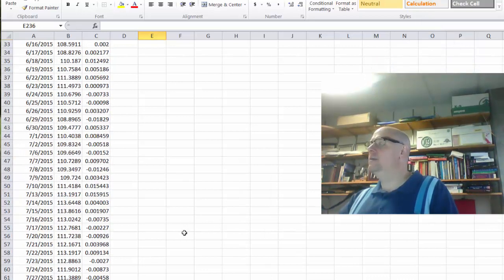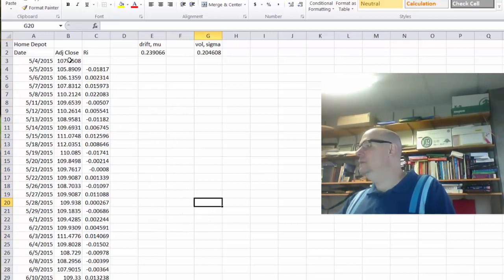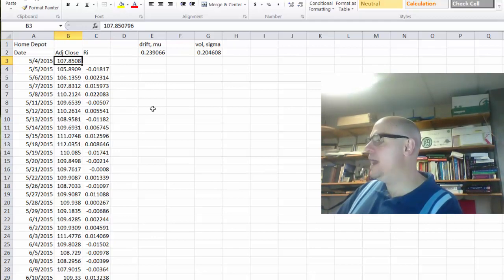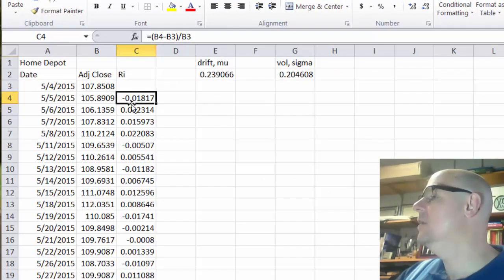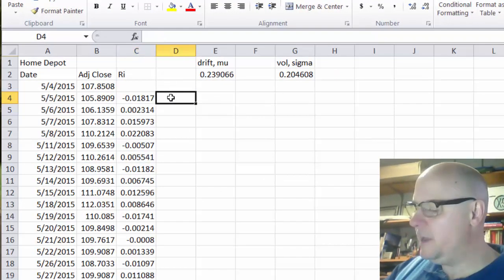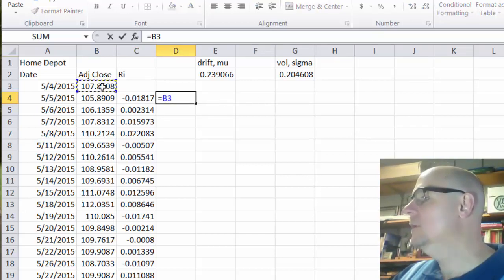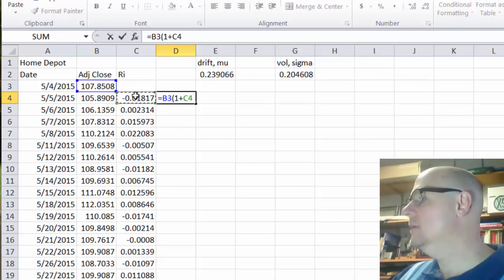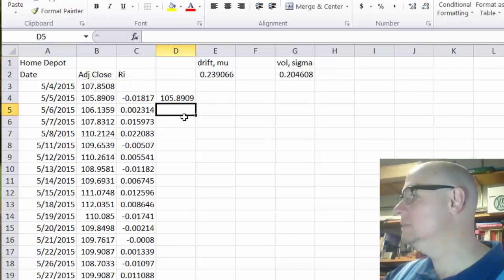Well, what do we understand about it, or what are we assuming that we understand about it? We're assuming that if I knew the stock closed on May 4th at 107, and I had a return of minus 0.01, then I would calculate today's stock price as equal to the old stock price times 1 plus the return.